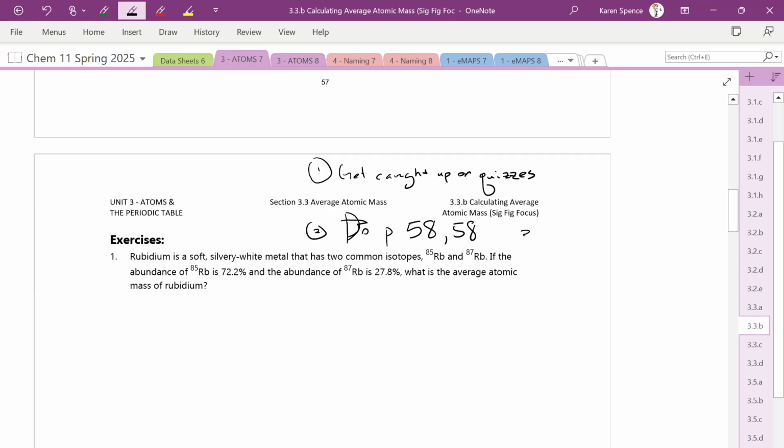And the third thing you can do is you can do the overall review for the test, which is 4.6A and 4.6B.